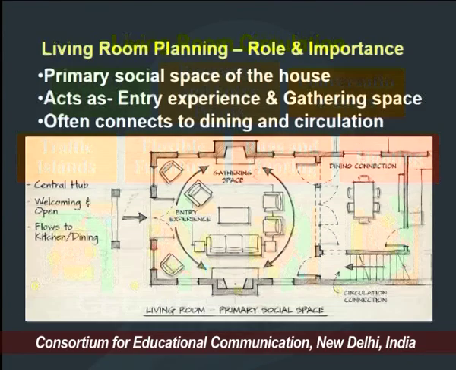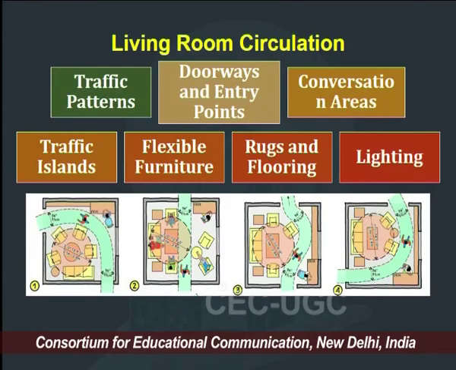So the layout of the living room should be such that it takes care of the traffic patterns. Traffic patterns are basically the movement patterns of the users, where the doorways and the entry points are located, how the conversational areas are laid out, that is the sofa and the seating arrangement, and how these become a traffic island.